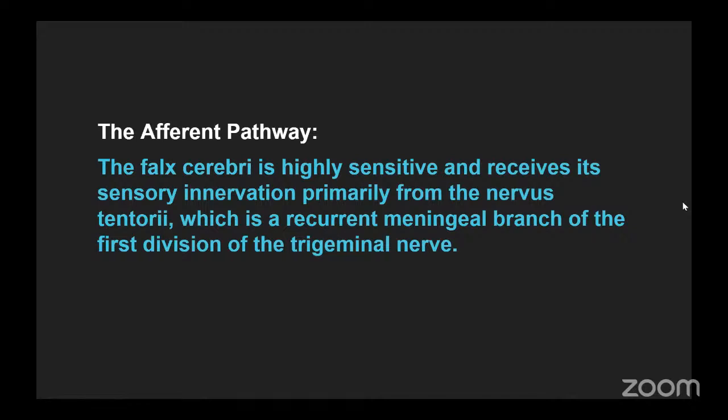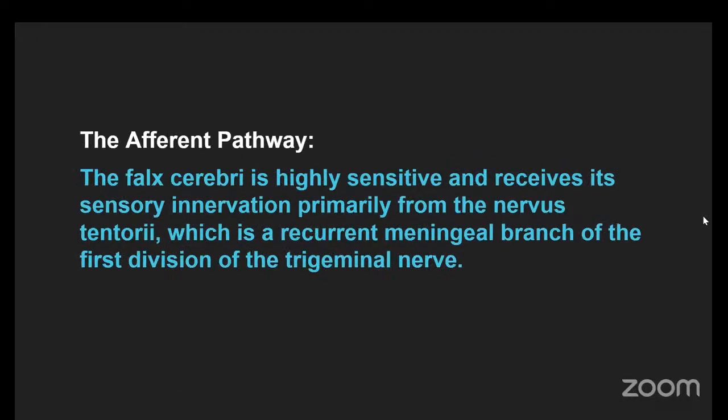Since it's a reflex, obviously there is going to be a pathway. Trigeminocardic means there is going to be some component of trigeminal nerve, and some component of cardiac system. The afferent pathway is, we know, cranial nerve 5. Why? Because trigeminal nerve heavily innervates the falx, and it is also very sensitive.